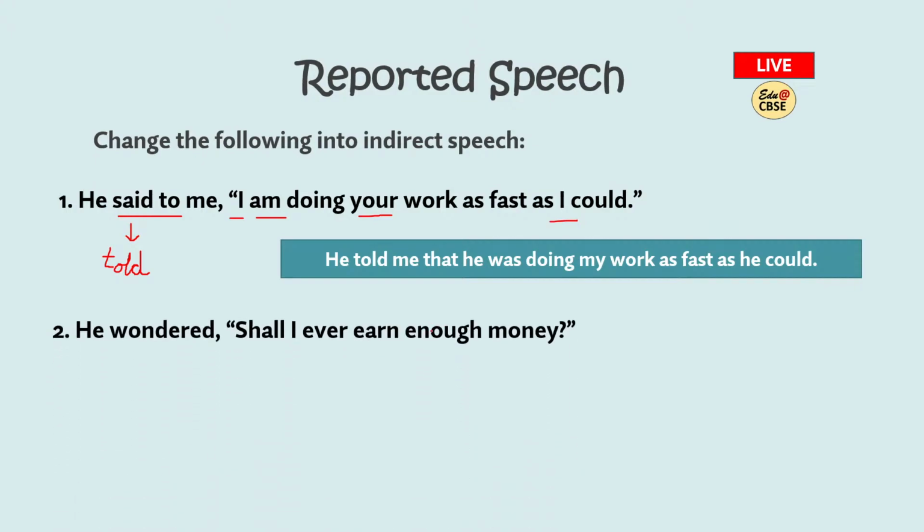Now this is the next sentence. He wondered, shall I ever earn enough money? Your second sentence now. This is an interrogative sentence. So try to follow the rules. Remember the rules and then change the sentence. He wondered, shall I ever earn enough money?